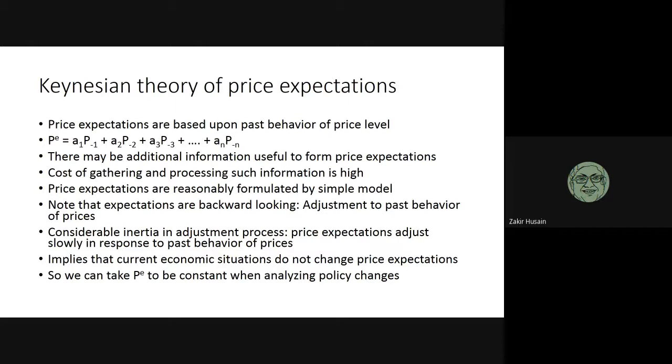Information about past prices can be observed, so I can store and process it very easily. Information about the future is more costly. Therefore, Keynes assumes that price expectations can be reasonably formulated using this type of model, even though it is rather simplistic.